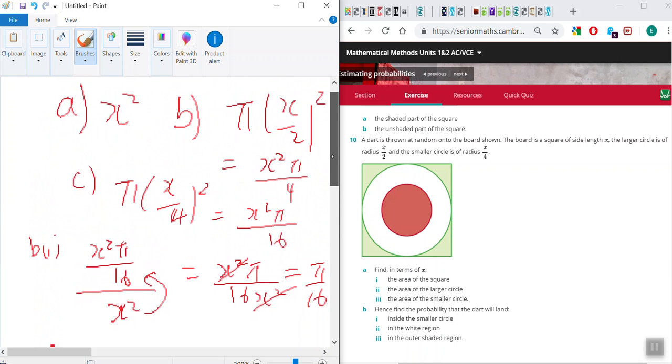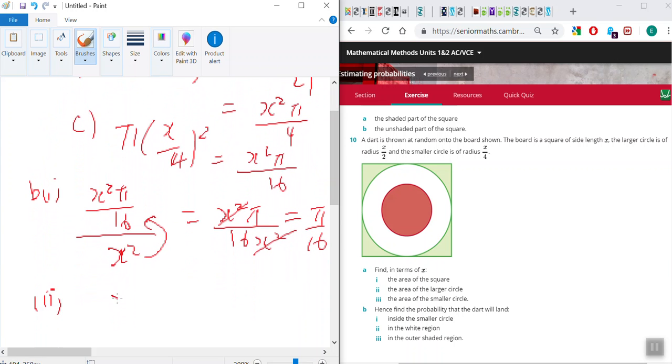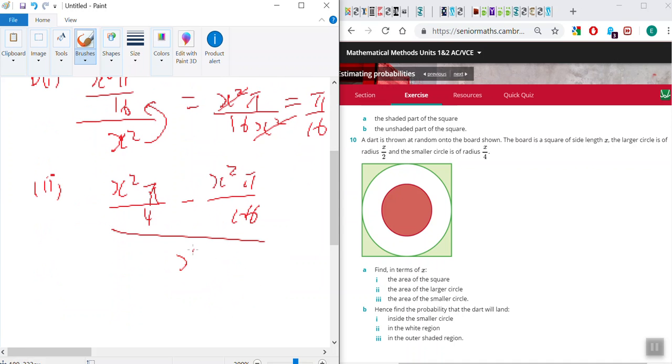So the big circle is x squared pi over 4. If I subtract from it the small circle, x squared pi on 16, and I divide it by x squared, because that's the total of the whole thing, I should get my answer.